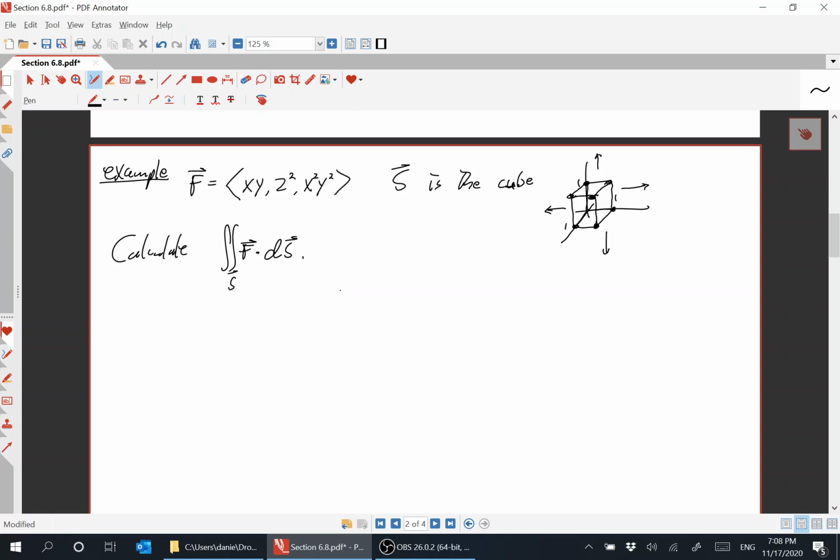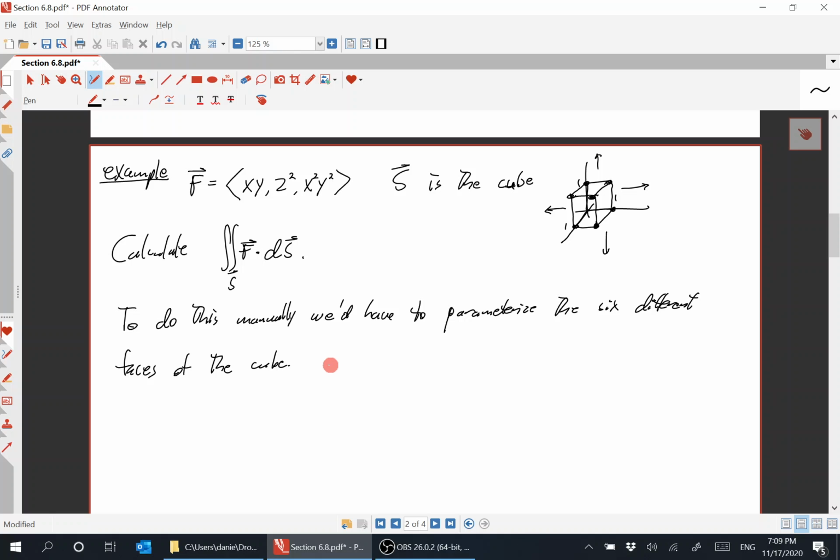Now, if we were to do it directly, we'd have to parameterize each of the 6 faces of the cube. So to do this manually, we'd have to parameterize the 6 different faces of the cube.